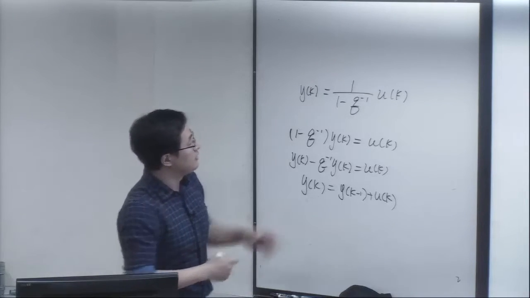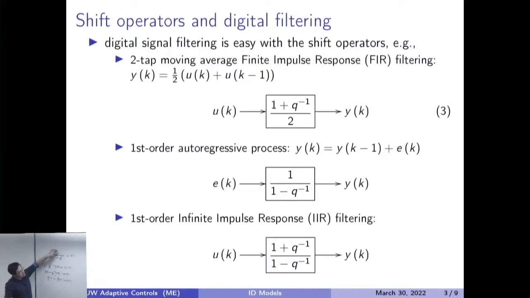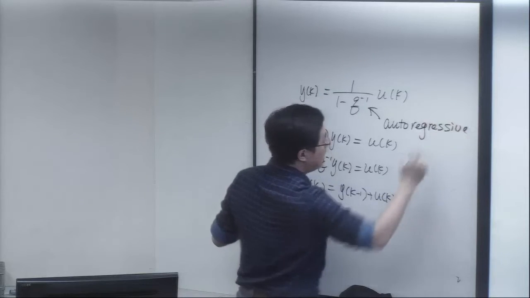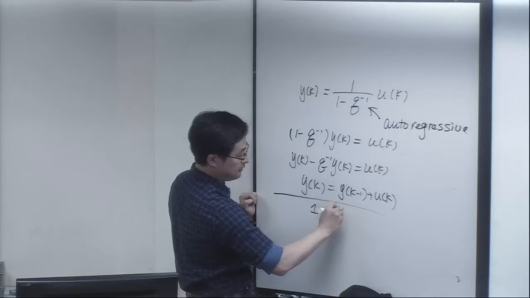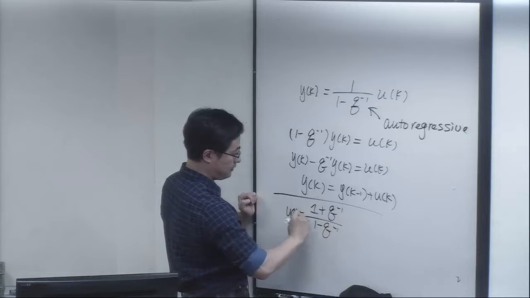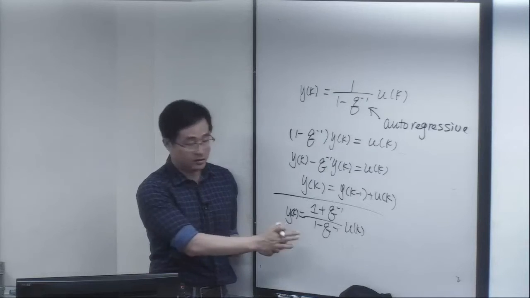This is the autoregressive process, where the numerator is just 1. If your numerator is not 1, for example this one, then you have something called a combination, right?